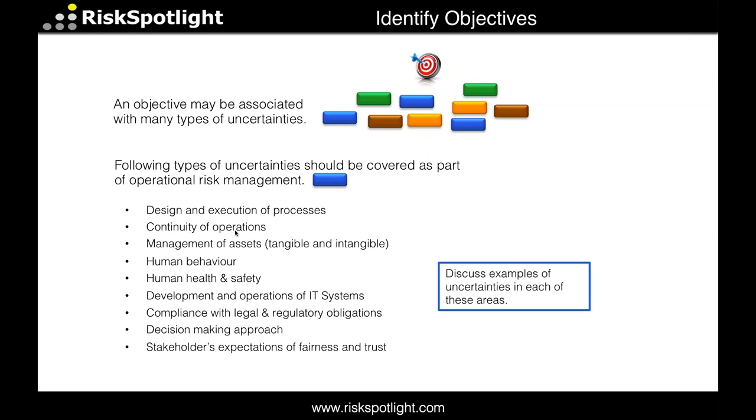So system upgrade. So something in the IT system goes wrong, something happens with the upgrade. There is no backup of data. So if we lose some data and then we don't have any backup, then that's an uncertainty which could have severe consequences on our objectives.